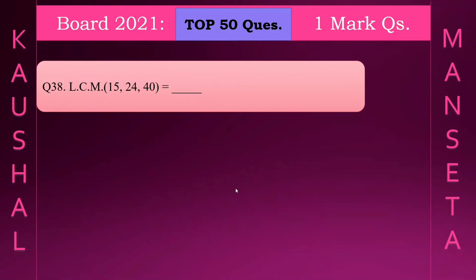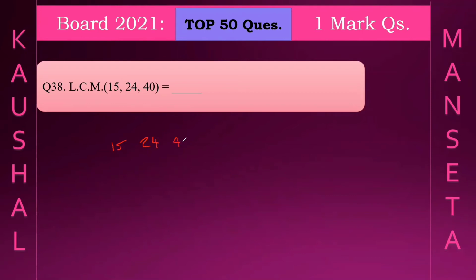38. LCM of 15, 24, and 40. So find out the factors of 15, 24, as well as 40. This is the proper way to find LCM of given numbers. So write down 15, then 24, and 40.